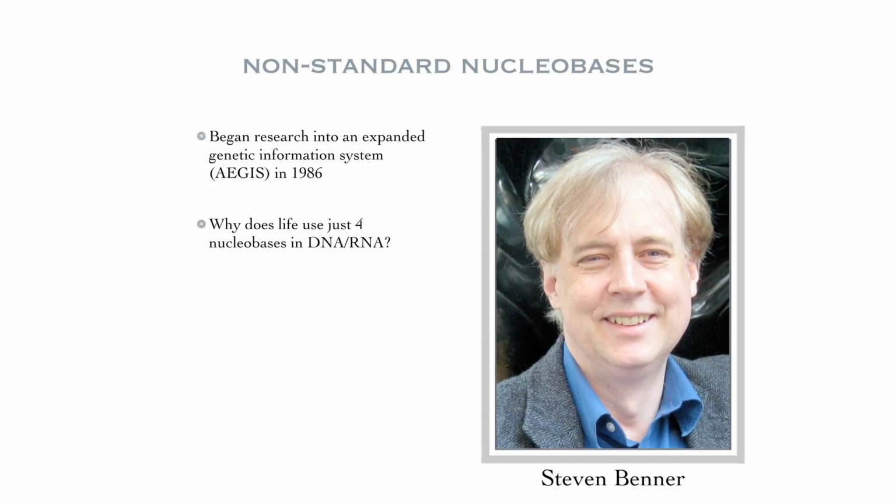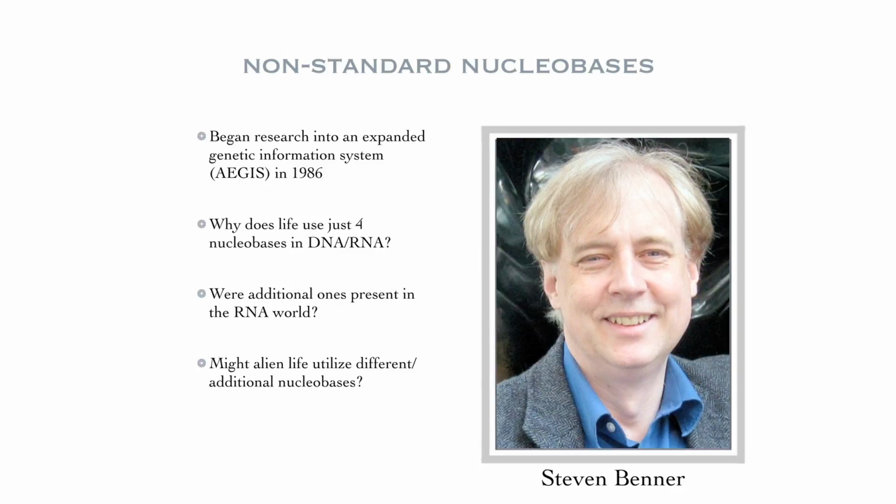He was intrigued by the question, why does life as we know it use just 4 nucleobases in DNA and RNA? Were additional ones used in the precursor RNA world? It's a good question. Might alien life utilize different or indeed additional nucleobases to the standard ones?